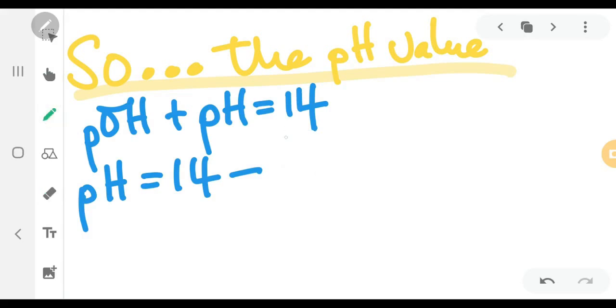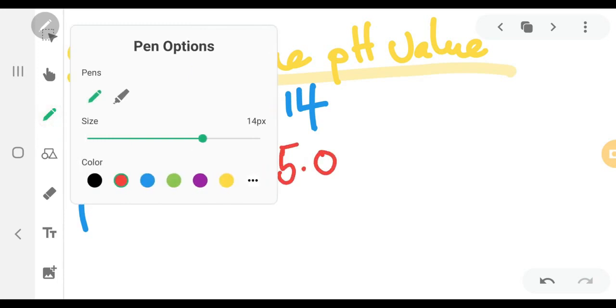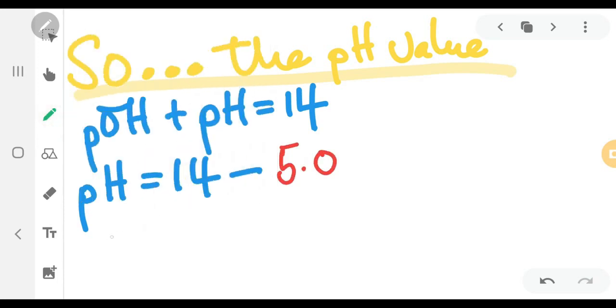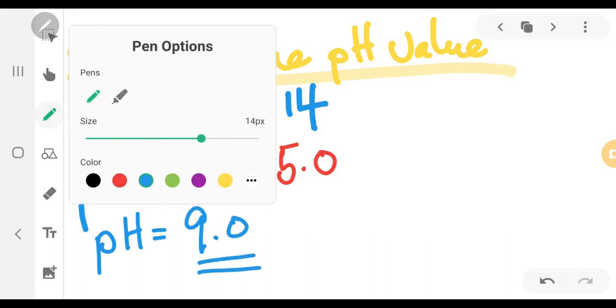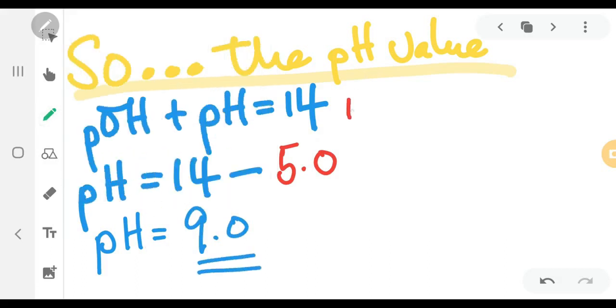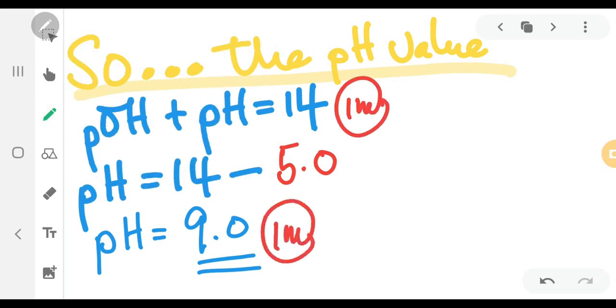Therefore, the pH value is going to be about 9.0. You get 1 mark for using this formula, and another 1 mark for getting the right value of pH.